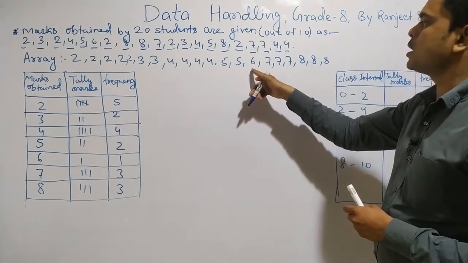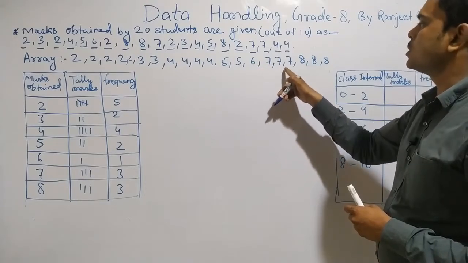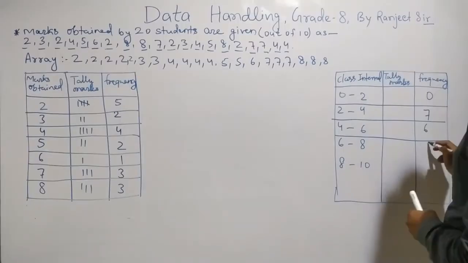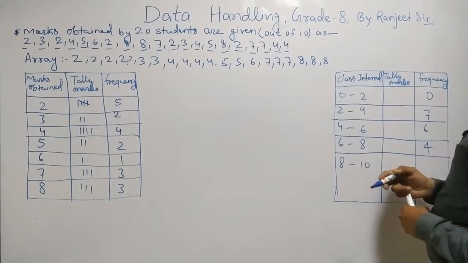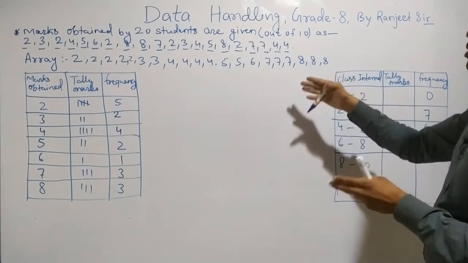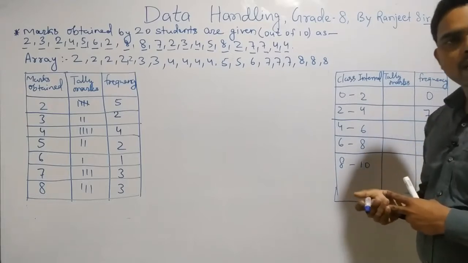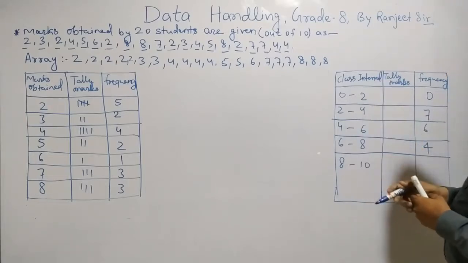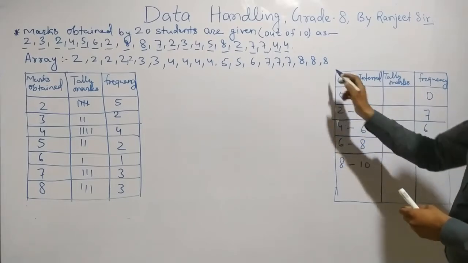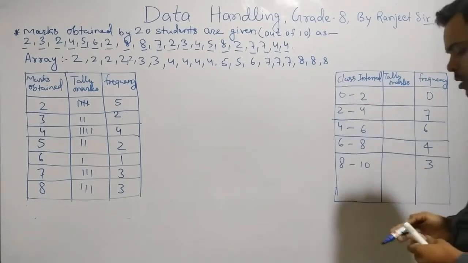So 6 to 8 means 1, 2, 3, 4 only, so we'll write 4 here. Now 8 to 10. We'll start counting from 8 and will not reach 10. So 10 is not there exactly. So 1, 2, 3 are there, so we'll write 3 here.